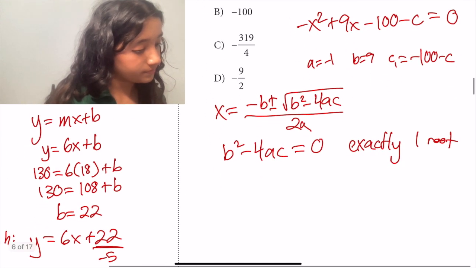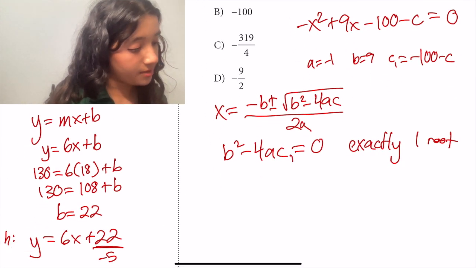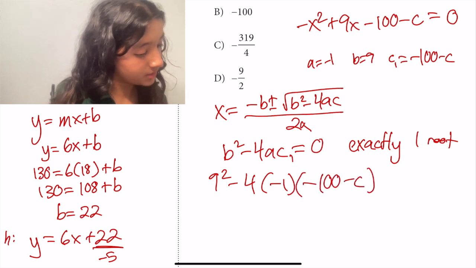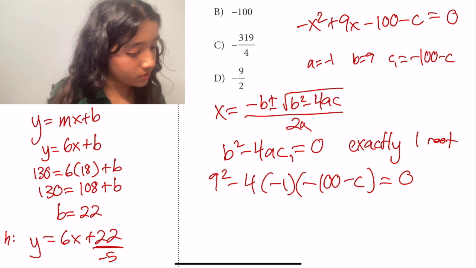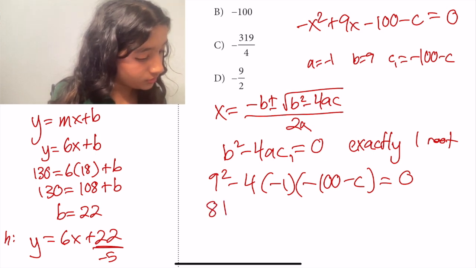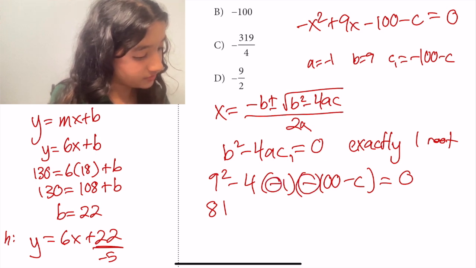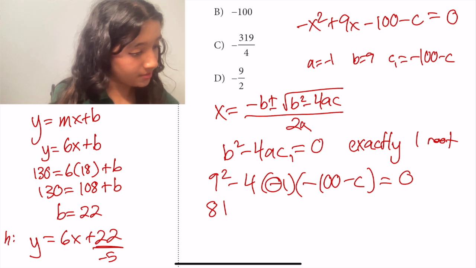So then we have that B squared, so 9 squared minus 4 times -1 times (-100 minus C) is equal to 0. So 9 squared is equal to 81. And then if we have a negative here, and then we have some negatives here, we can multiply them out to make it positive.